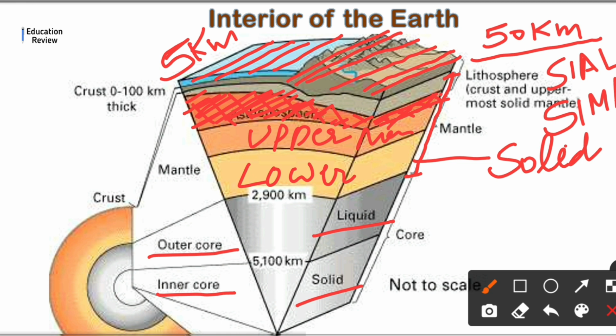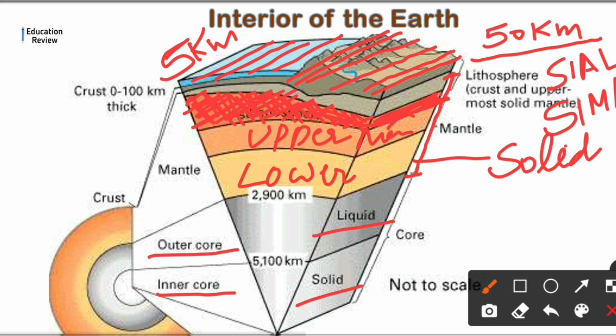And here in the upper mantle radioactive materials are also found, which act as a temperature-increasing substance. That's why the temperature increases here, but not up to the melting point of the material.